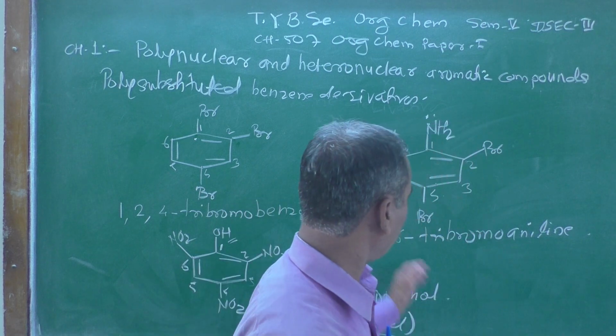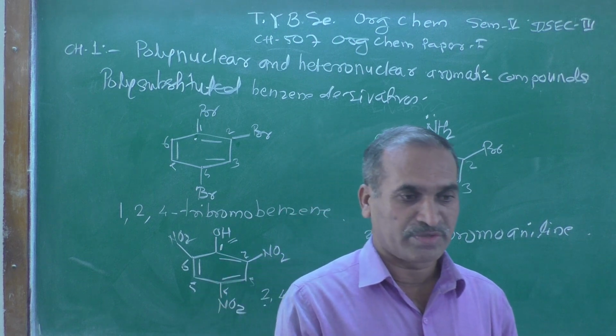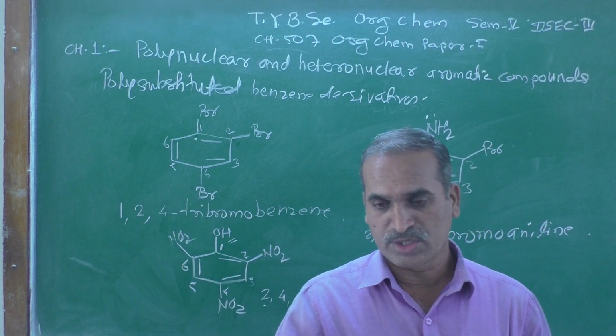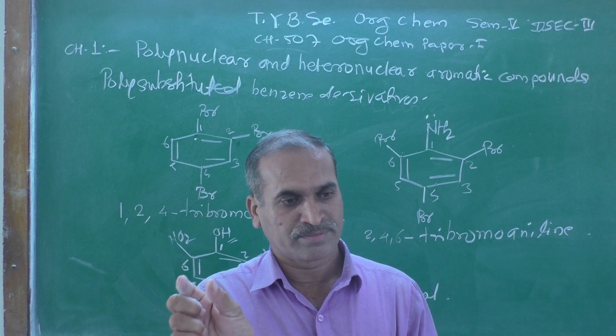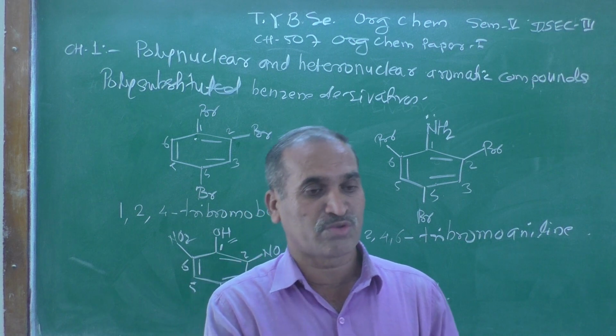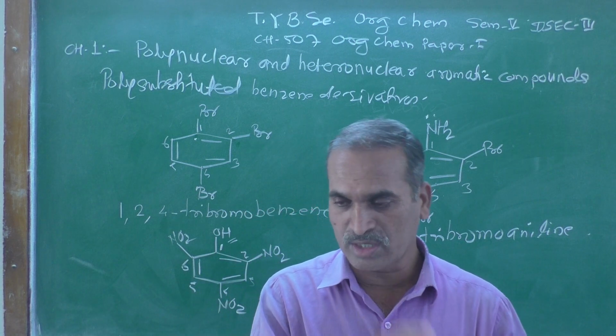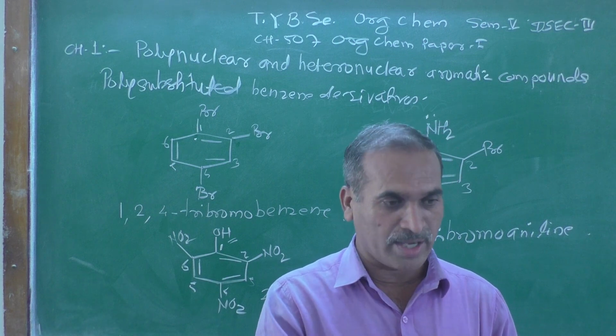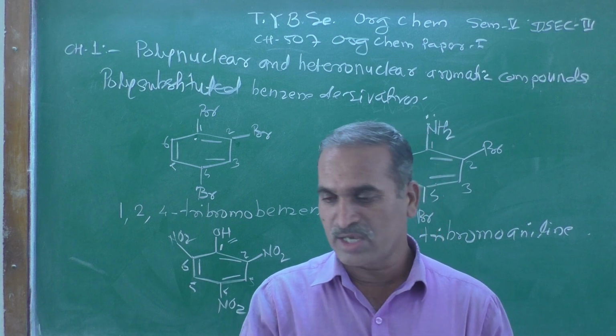Therefore in the case of phenol, after the dissociation, the conjugate base is formed and it is well stabilized due to resonance, and that's why phenols are acidic in nature.